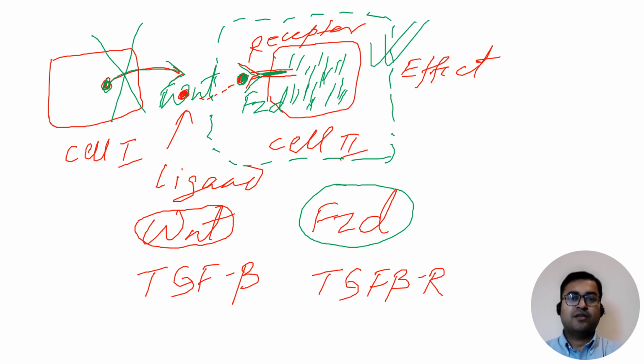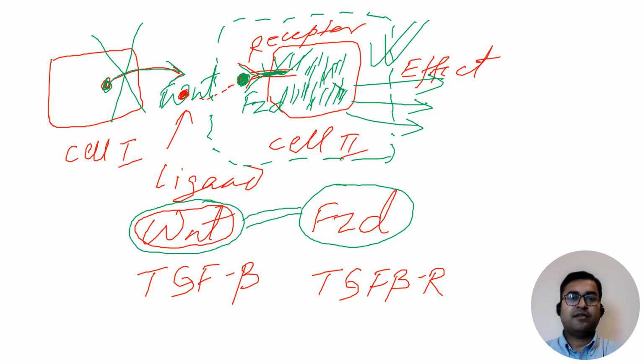So all the topics generally start with this ligand and receptor interaction, then what are the molecular changes happening inside this cell, and what are the effects caused by this interaction. So in today's class we will try to understand how this Wnt ligand affects the target cell by interacting with the frizzled receptor.